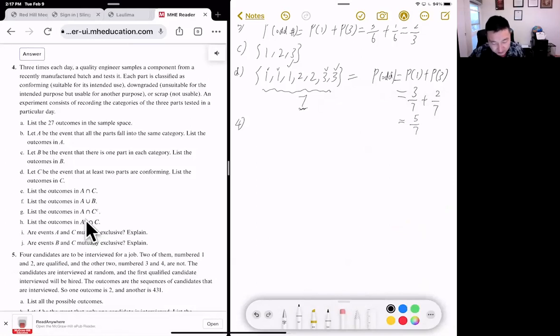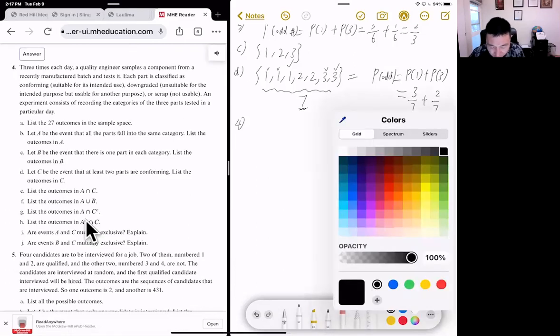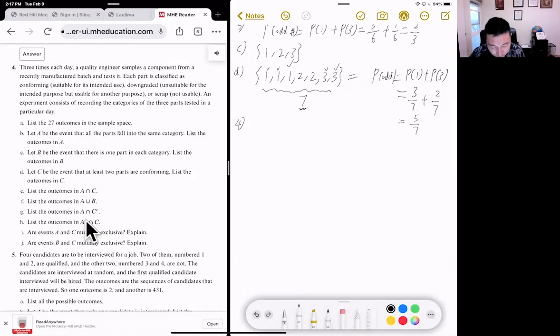Each part is classified as conforming, downgraded, unsuitable for the intended purpose but useful for another purpose, or scrap, which is not useful. My experiment consists of recording the categories of the 3 parts tested on a particular day. So part A lists the 27 outcomes in the sample space.